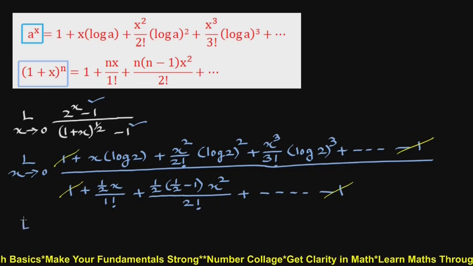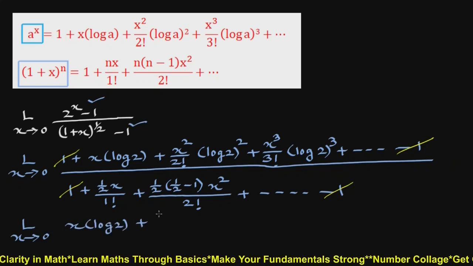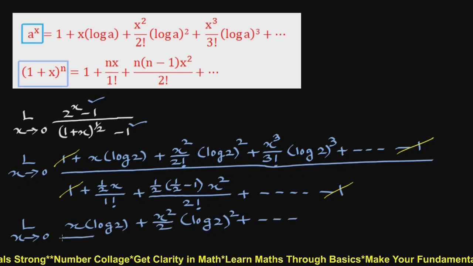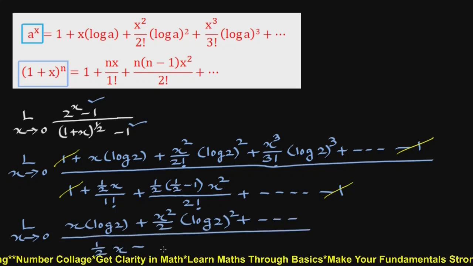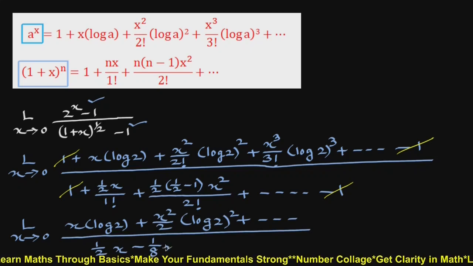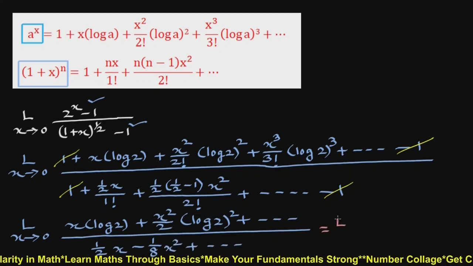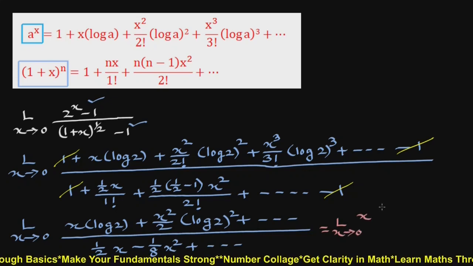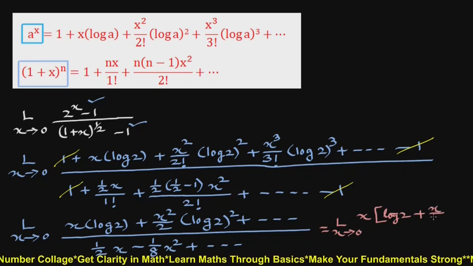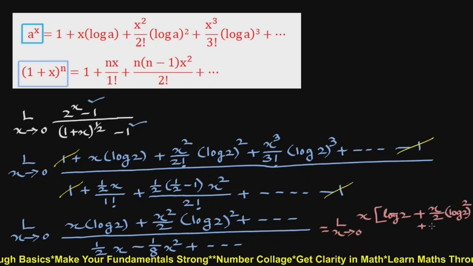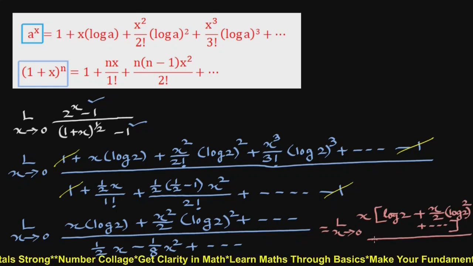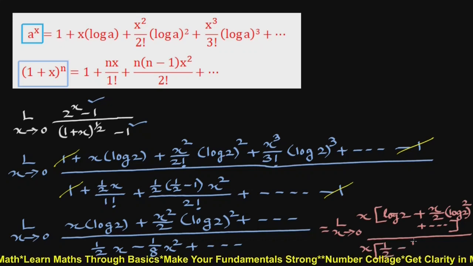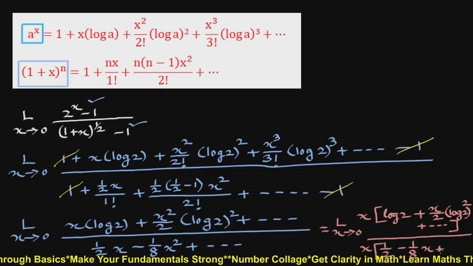So the limit reduces to x log 2 plus x square upon 2 log 2 whole square plus so on and so forth upon half x minus 1 upon 8 x square plus so on and so forth. This will be limit as x tends to 0. Taking x common in the numerator, log 2 plus x upon 2 log 2 whole square plus so on and so forth, upon taking x common in the denominator, x into half minus 1 upon 8 x plus so on and so forth.